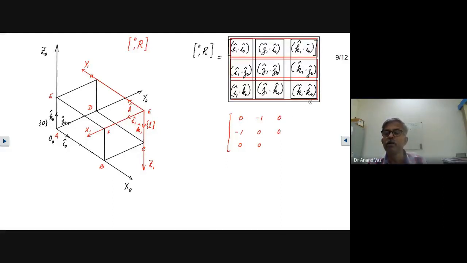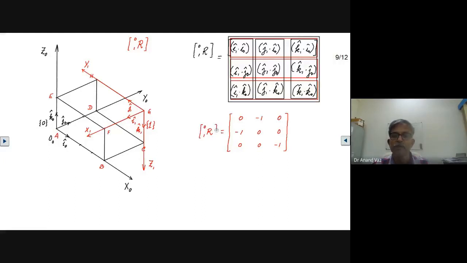K1 dot K naught: K1 going downwards, K naught going upwards, although they are parallel, so this is minus 1. Again, you can check for yourself that the magnitude of each of these columns is 1. This is our R matrix, specifying the orientation of frame 1 with respect to frame 0.